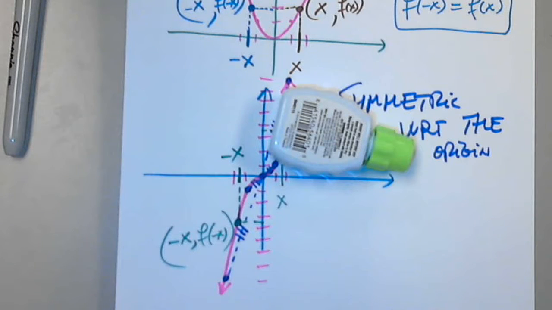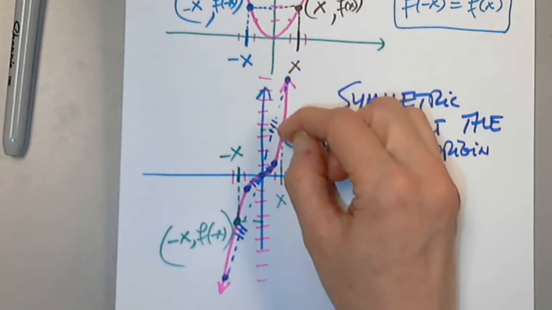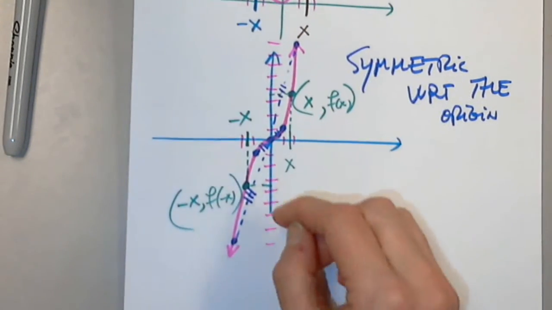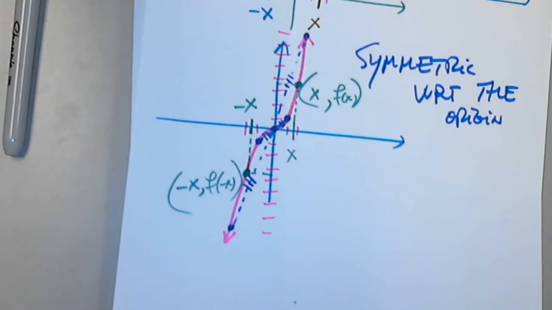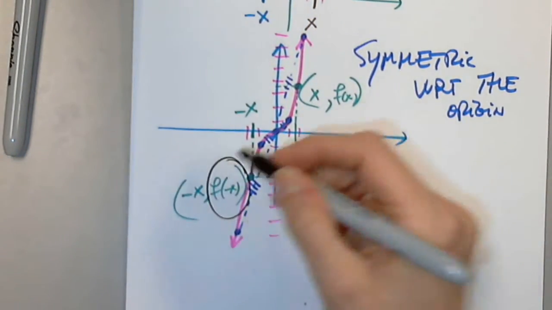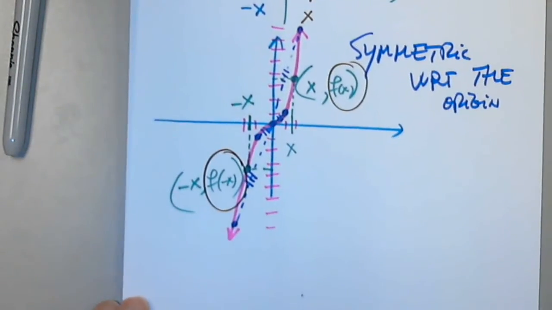But now I have this. What is the relationship between this and this? What is the relationship between this number and this number? They can be equal, right? So what is the relationship now between this and this?